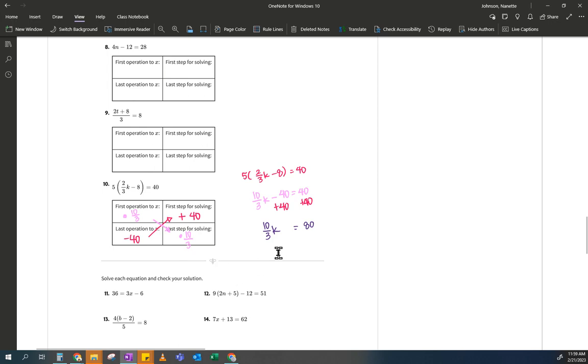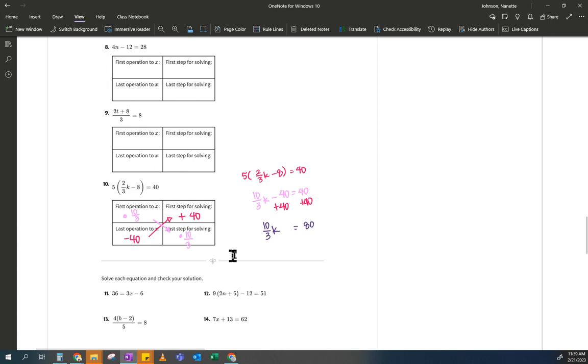And I'd say, yeah, that's right. But remember that when you're dividing by a fraction, you're really multiplying by the reciprocal. So instead of multiplying, we're going to divide by 10/3, which also means to multiply by the reciprocal.